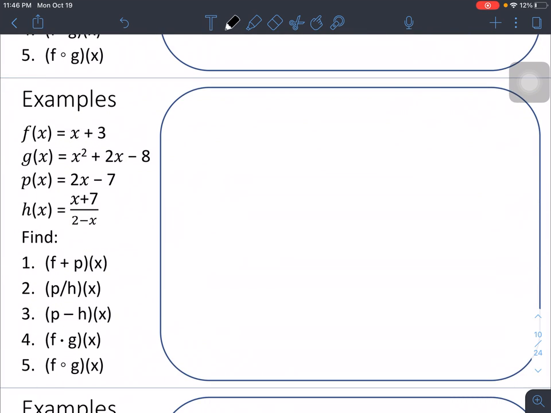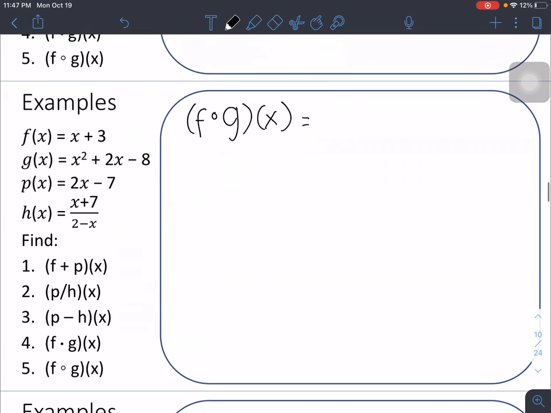Next, f composed of g. So we just need to replace all the x inside the f of x function with the g of x function. So we have here x plus 3.